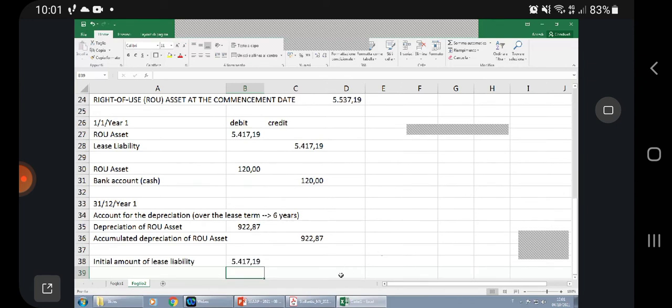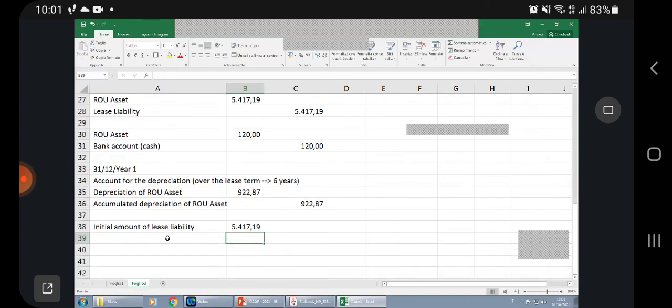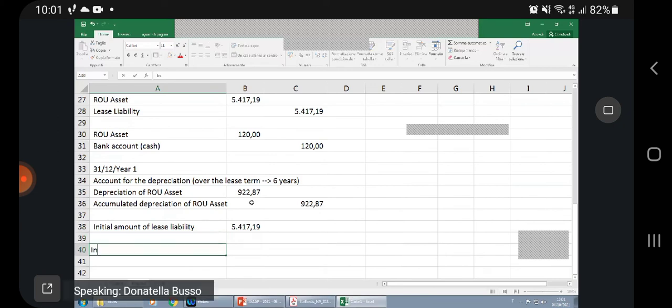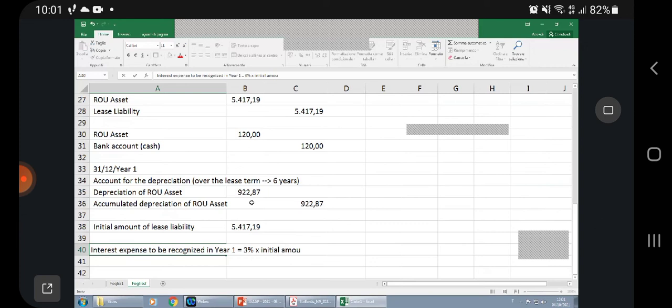How much is? 3%. Okay? So, we know that for period 1, the interest expense to be recognized in year 1 is 3%, because this is the interest rate, applied to the initial amount of the lease liability. Do you agree?